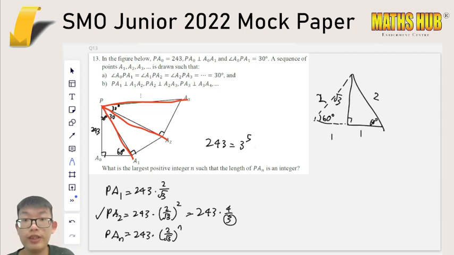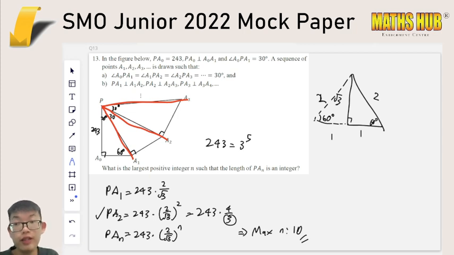And if you can divide by 3 at most 5 times, that means that your maximum n is going to be 10. Because dividing by 3 to the 5 would be the last time where you can divide by 3, and after that you cannot divide by 3 anymore. So after n equals 10, either you would get square root 3 or you would get dividing by 3, neither of which are going to give you an integer.